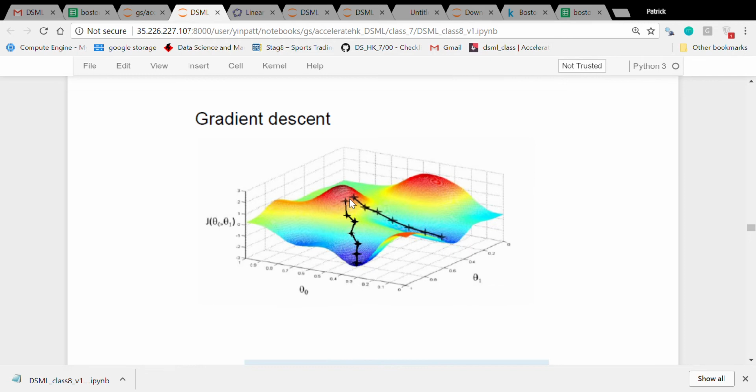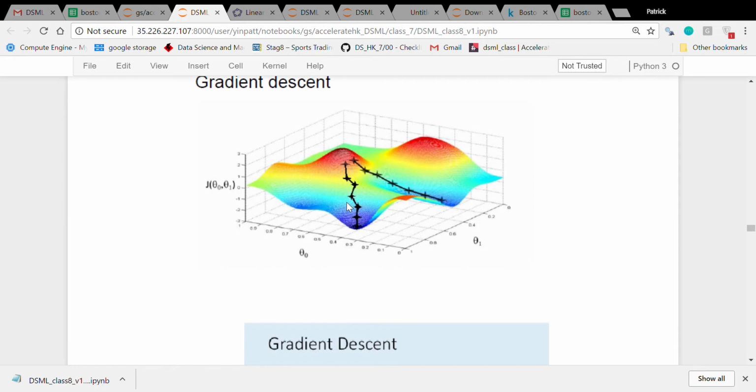If the machine starts placing the line with this degree of error, it will always look for the direction of moving the line in a way that gives a lower error. So it keeps on decreasing the overall error until it reaches the minimum.